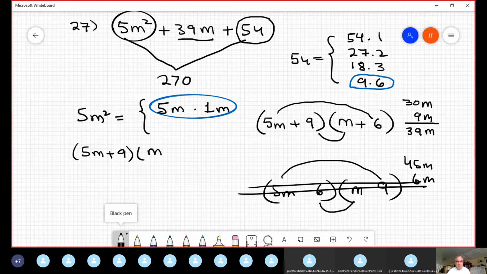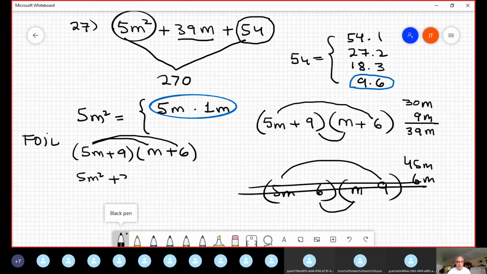Now I check it. How do you check it? You apply complete FOIL again. I suppose that to see we are doing well, we come back to the beginning. Multiplication, FOIL, 5M squared. Multiplication this, 30M. Multiplication this, 9M. Multiplication this, 54.